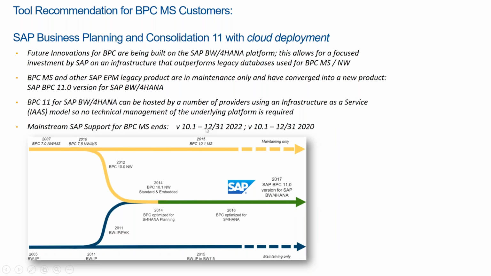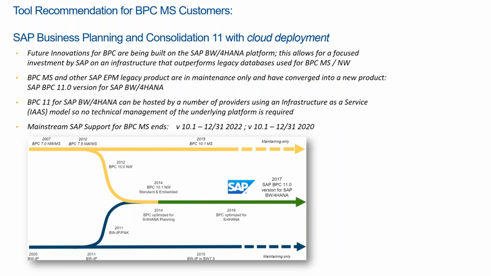So for example, on the Microsoft side, version 10.1 support is published to end 12/31. Version, this should say 10.0, so that's an error on my side. Version 10 support is published to end 12/31/2020.